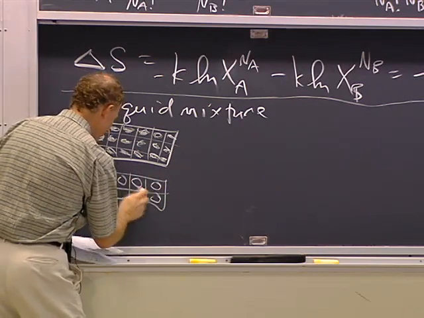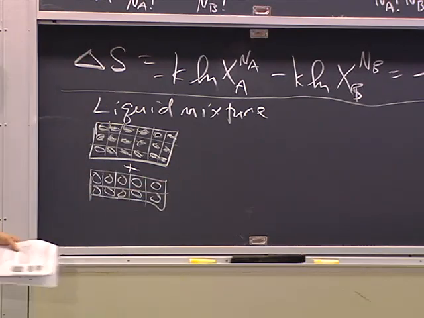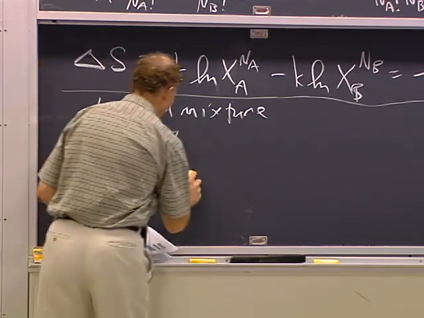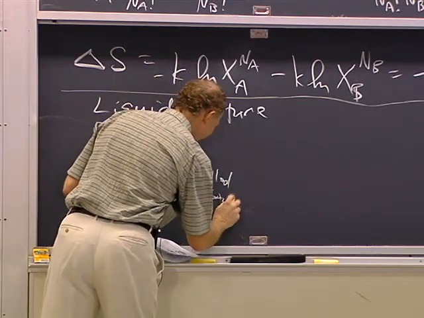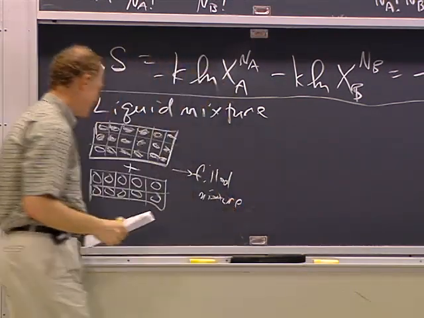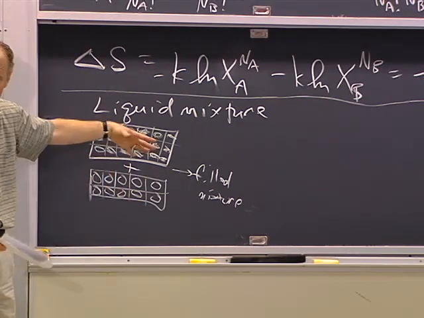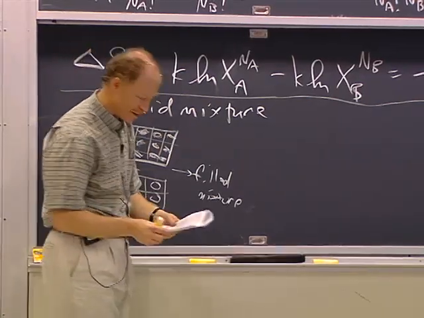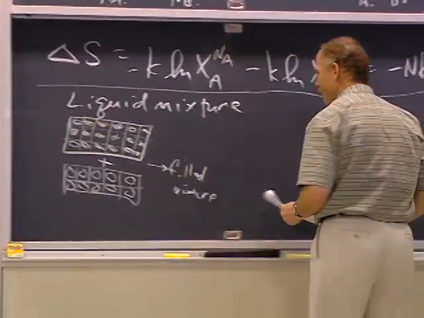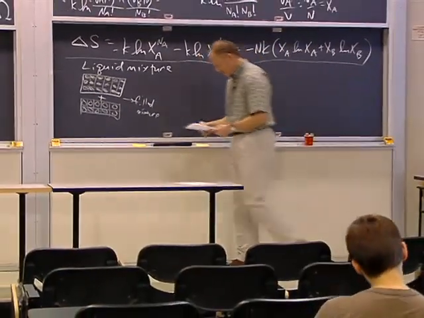We've got open circles. All right, so these two are going to mix, and now we're going to have, well, a filled mixture, right? So we're going to have a bigger volume, but it's still going to be filled, and all the positions are random, right? So we have to consider all the possible configurations that we have, right? Okay, so we still should go through the same part of the procedure.